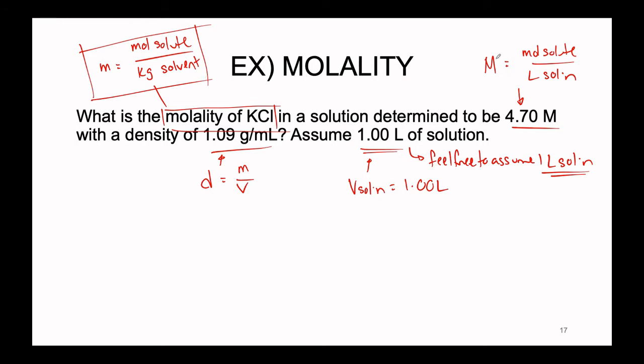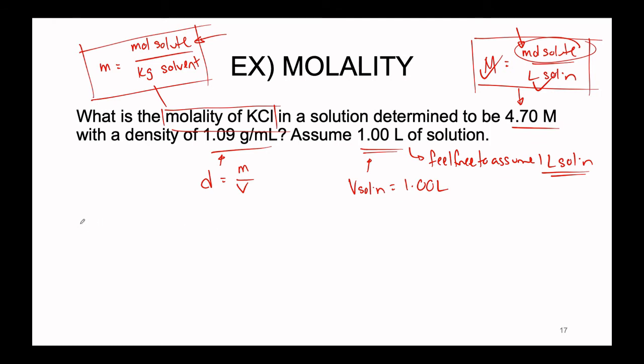For instance, if we're looking for moles of solute, we can see from the molarity concentration that there's a moles of solute inside this equation. We're given a capital M, and we are given liters of solution, so we can use this information to find the numerator that we need to solve for molality.